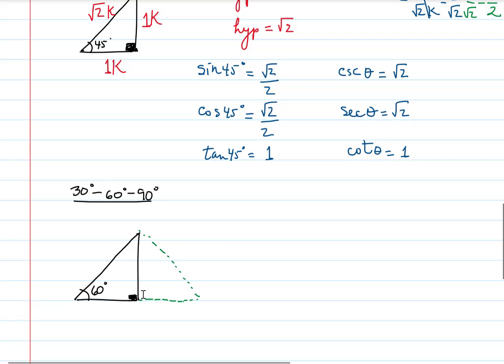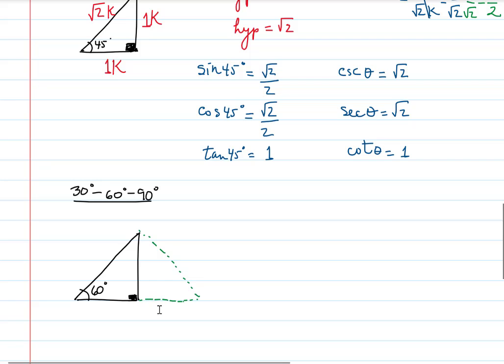Now, if I draw up a perpendicular here on one of the sides, it doesn't matter. I'm just picking the one on top here just to make it easy to see. If I draw up a perpendicular, because all of these sides are the same, this perpendicular is actually bisecting this angle here, and it's also cutting this side where it lands here in half.